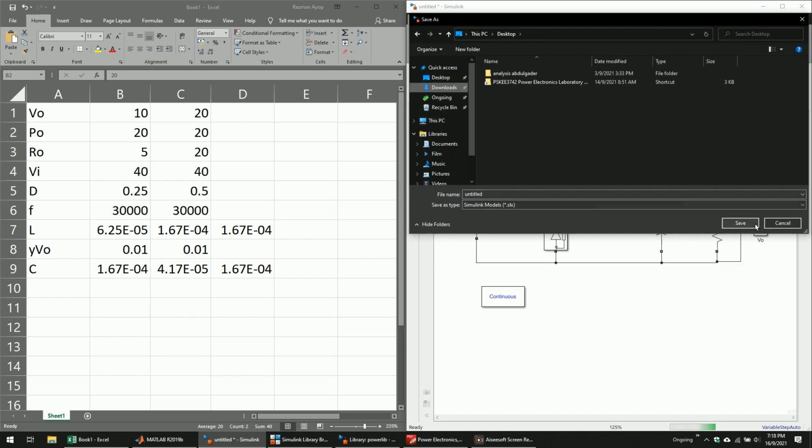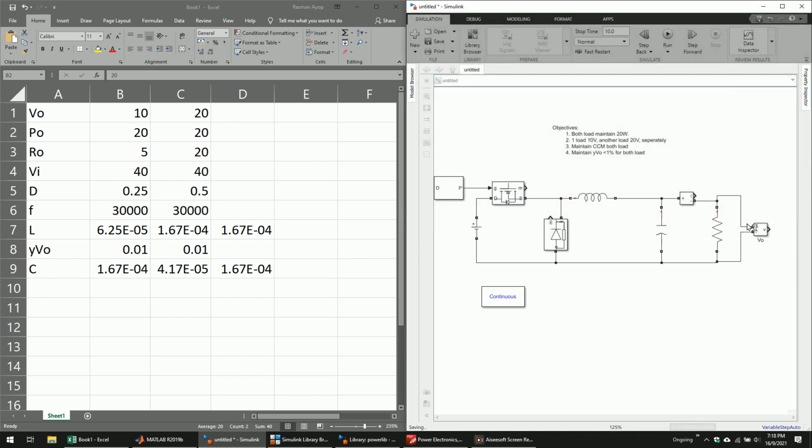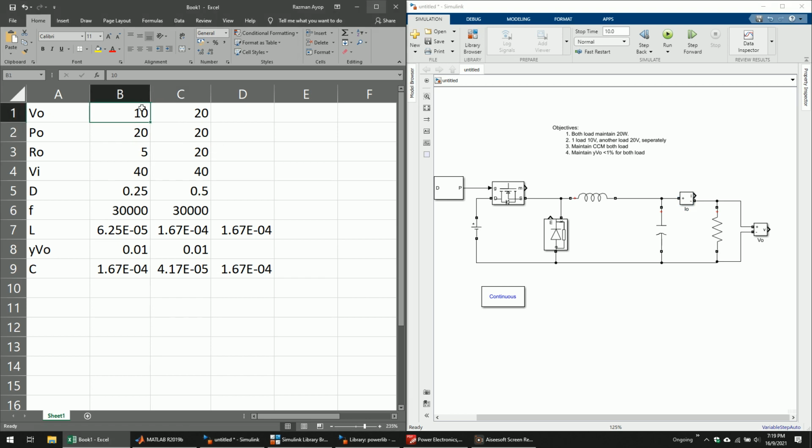Let me save this first. Make sure you save, because sometimes it can be gone. This one is basically I out. Now the V out is the average voltage.